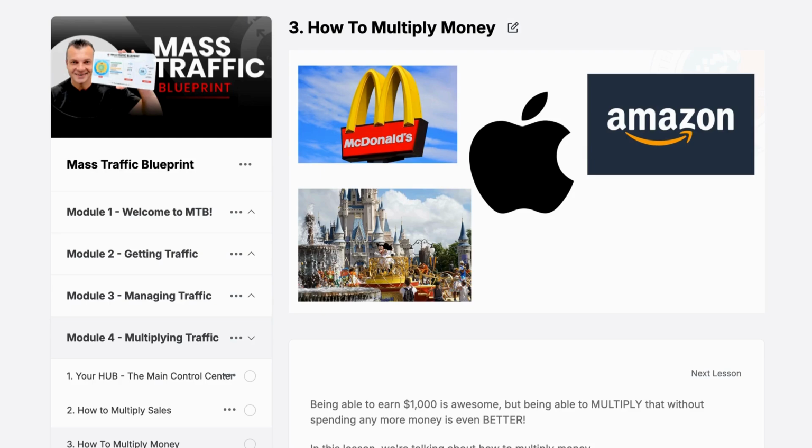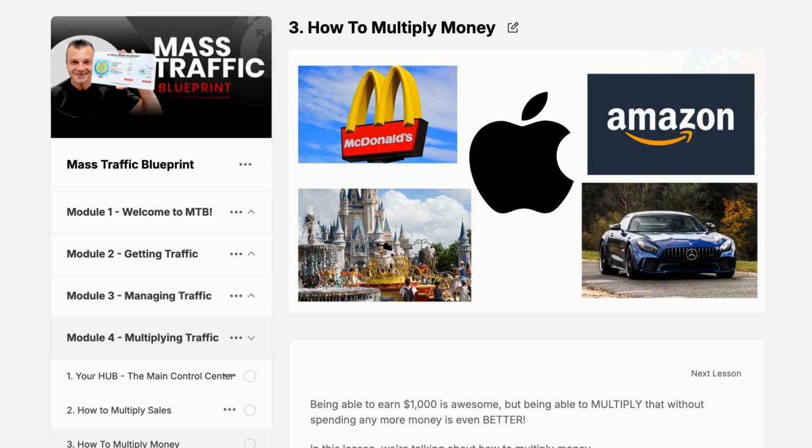Now, hear me out. If you are running, let's say, a funnel-based model, where your business is based on a single funnel with one customer, one purchase, and that's it, and there is no back end, you are leaving so much money on the table. It's ridiculous. Have you ever purchased a brand new car, at least here in the United States?